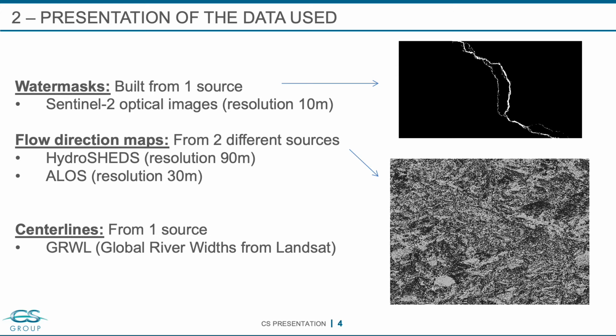We have two different sources, Hydraul that has a resolution of 90 meters and Hydraul that has a resolution of 30 meters. And we also use center lines from the global river widths from Landsat database. A center line is a line that goes from the beginning until the end of a river, always going in the middle of the river.